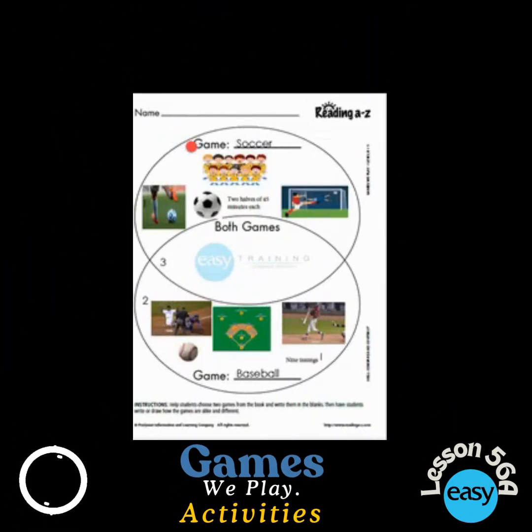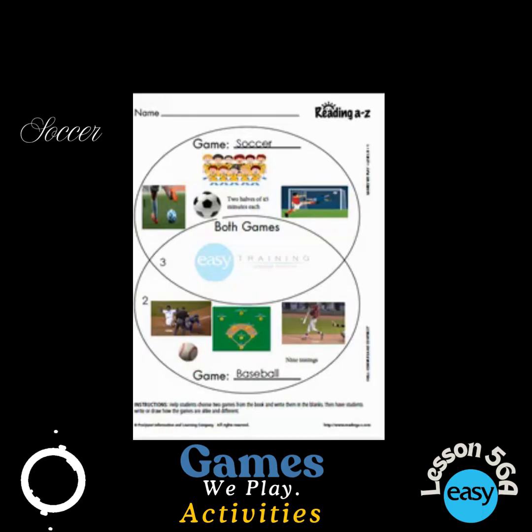Well, with some pictures, I am going to show you how soccer and baseball can be different. Here on the left, I'm going to describe soccer, and on the right, I'm going to describe baseball.